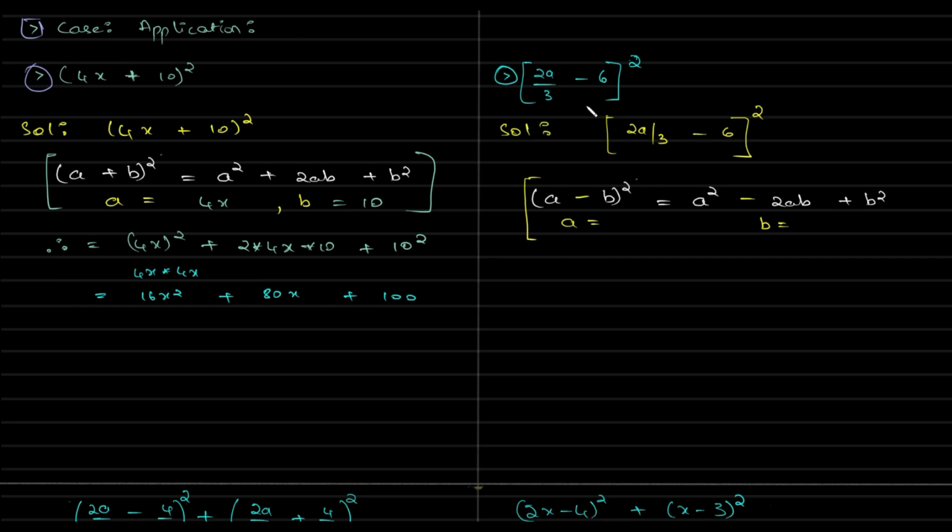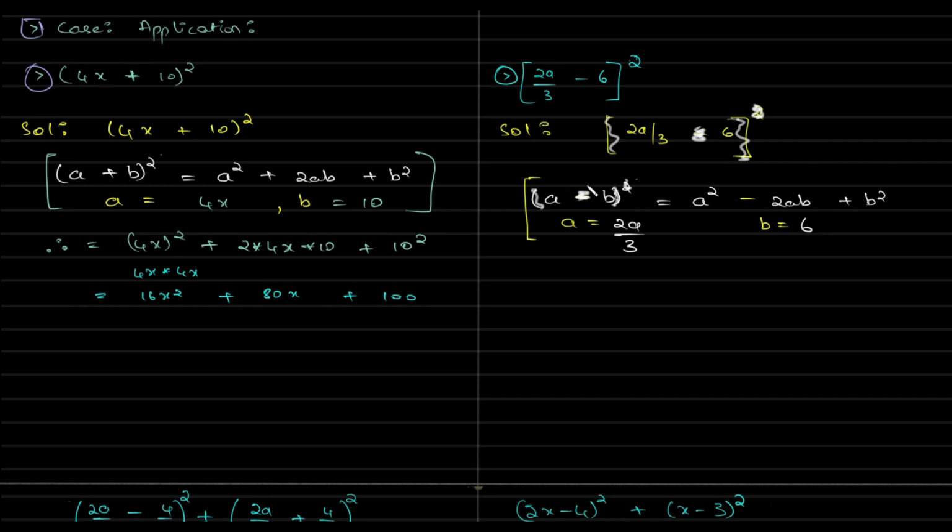So guys, you should forget about the square, forget about the bracket, and also the sign. Now just look at A and B and tell. So A is 2a by 3 and B is what? 6.